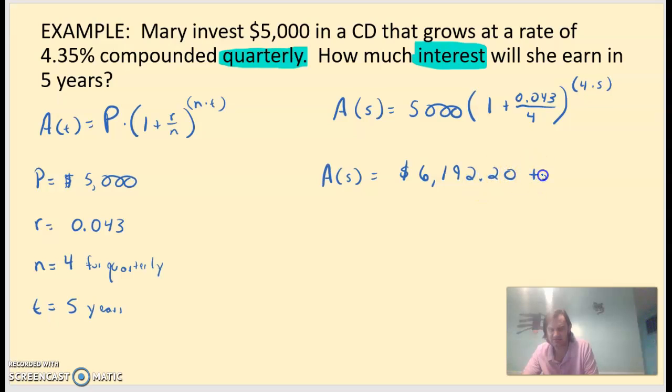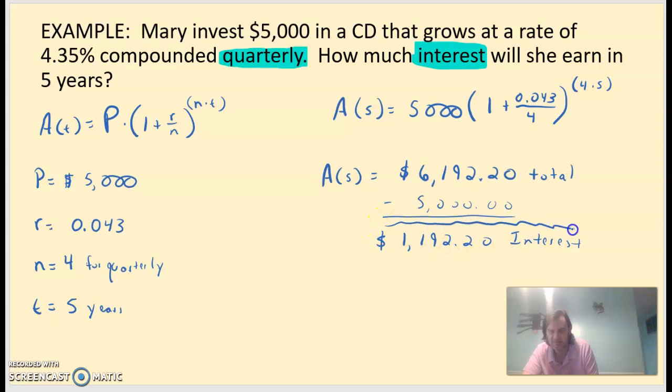And that's the total amount. But the question was the interest. So we're going to take away the $5,000 that she started with, and she will have earned $1,192.20 in interest in 5 years.